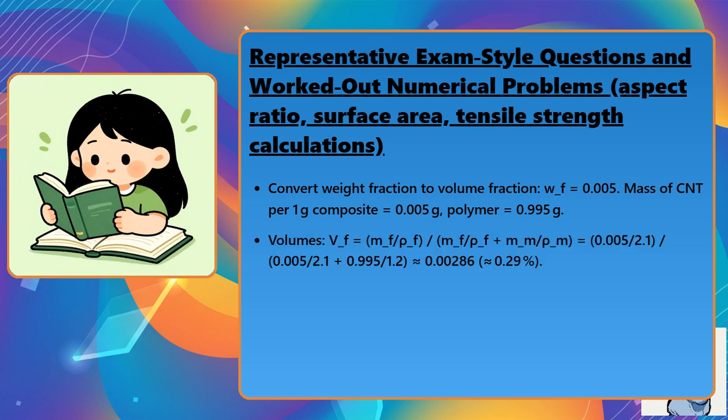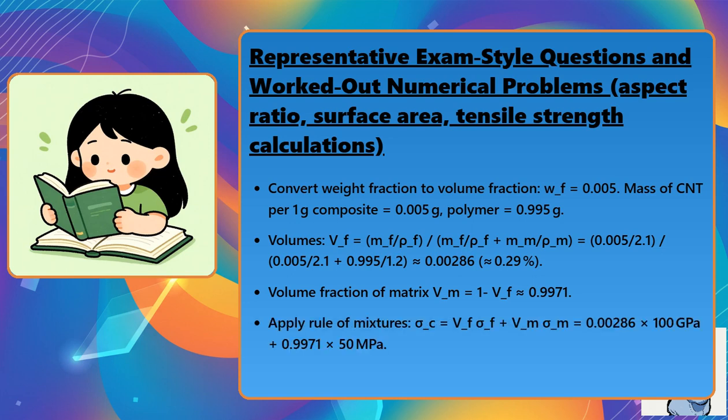Volumes: V sub F equals mass sub F divided by rho sub F, over mass sub F divided by rho sub F plus mass sub M divided by rho sub M, equals 0.005 divided by 2.1 over 0.005 divided by 2.1 plus 0.995 divided by 1.2, approximately equals 0.00286, approximately 0.29%. Volume fraction of matrix V sub M equals 1 minus V sub F, approximately equals 0.9971.